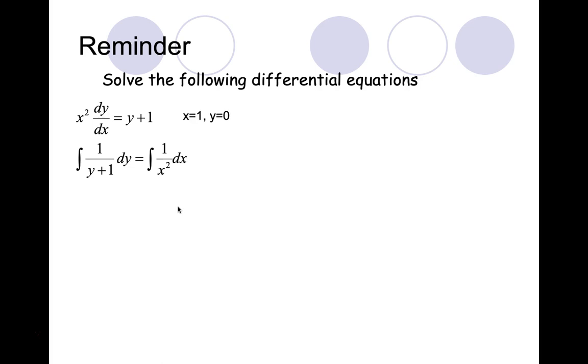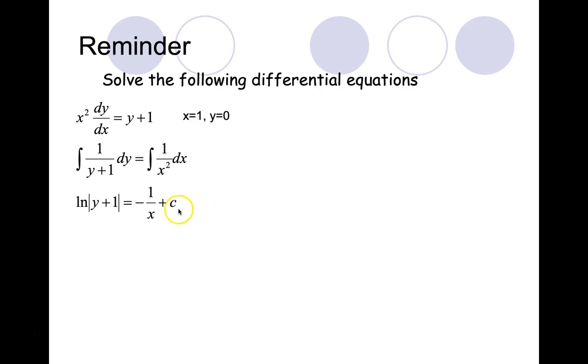After you've sent those terms to one side, you then integrate, and so you have the integral of 1 over y plus 1 dy, which is the same as the natural log of the absolute value of y plus 1, and the integral of the right side will be negative 1 over x plus your constant c. Remember to always add the constant c.